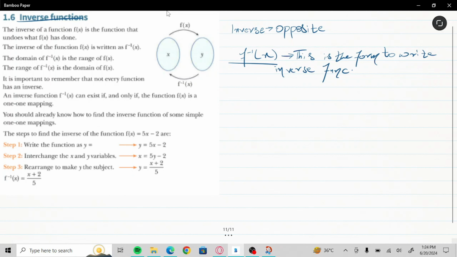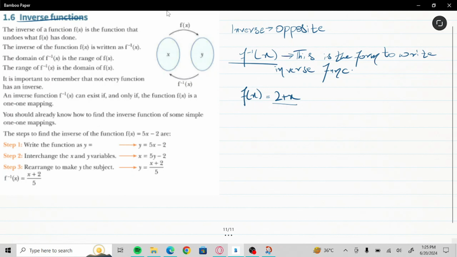Basically what an inverse function does, as written in the book, is it undoes what the function has already done. In simple words, it's the opposite of a function. For example, the function of x is 2 plus x. So what should be its inverse? What is the thing that will undo this plus x?